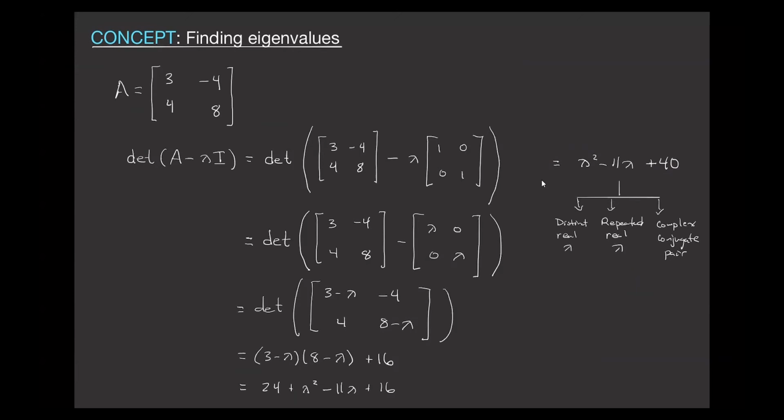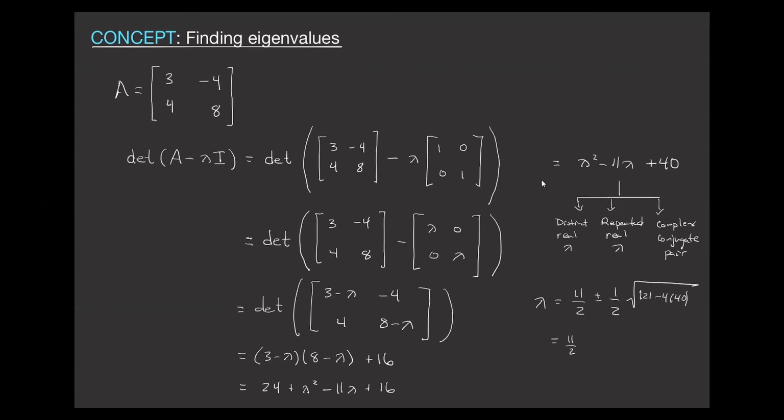In this case, if we actually compute it out, what we'll find is that lambda will be 11 halves plus or minus 1/2 times the square root of 11 squared, which is 121, minus 4 times 1 times c, which is 40, so 4 times 40.